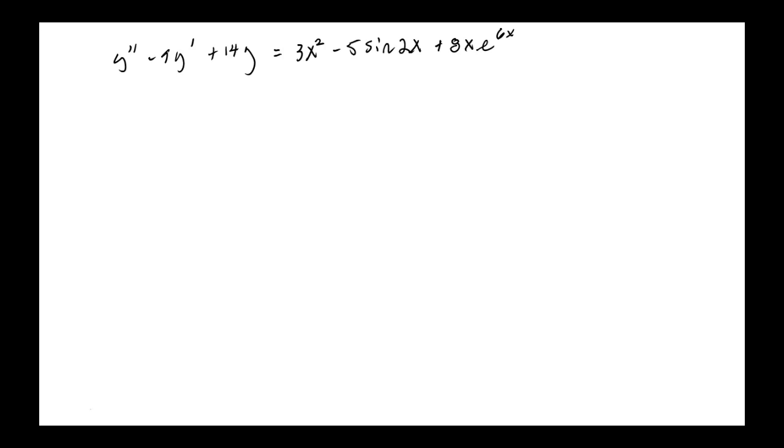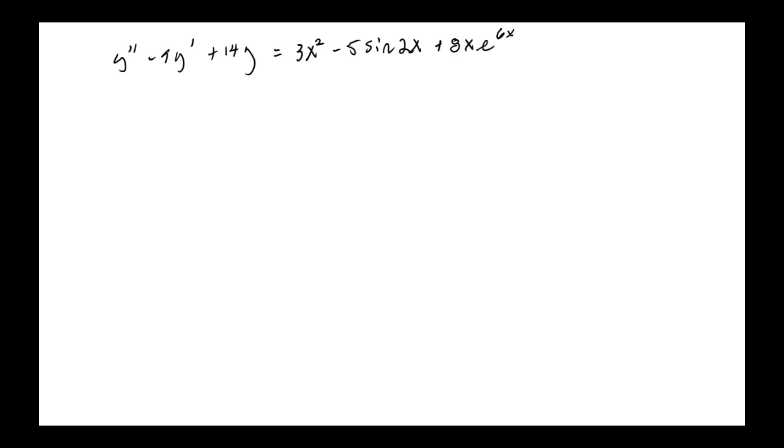Okay? m equals 7 and 2. And then what kind of complementary solutions would that produce? y equals e to the what? That's it. e to the 7x and e to the 2x.